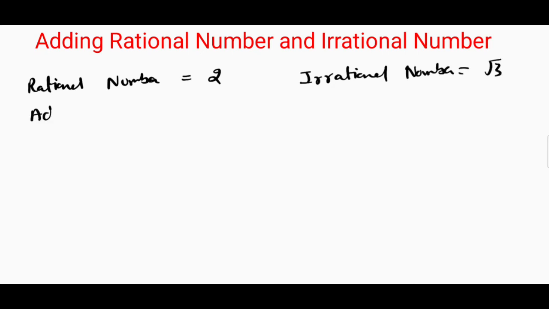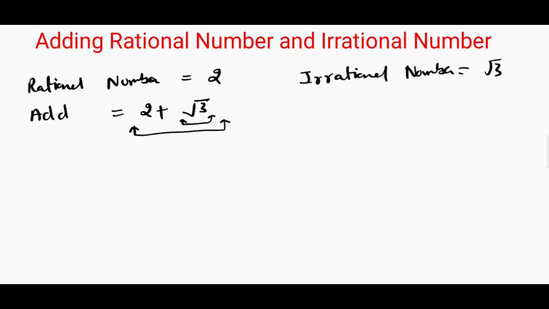Now let's add these two numbers. After adding, we'll get 2 plus square root of 3. We know this is an irrational number. So after adding one rational number and one irrational number, we will always get an irrational number.